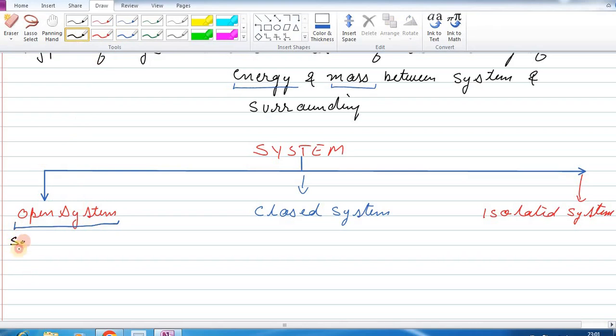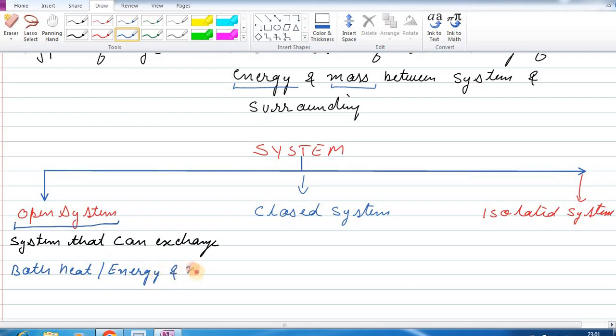both heat as well as mass, that is, both heat, energy, and mass, with the surrounding.